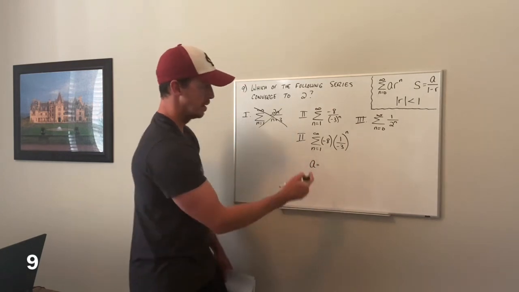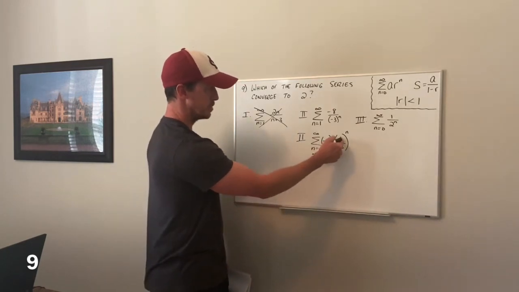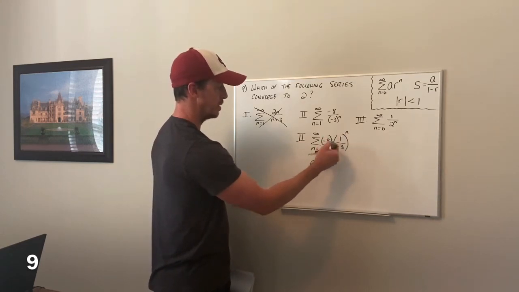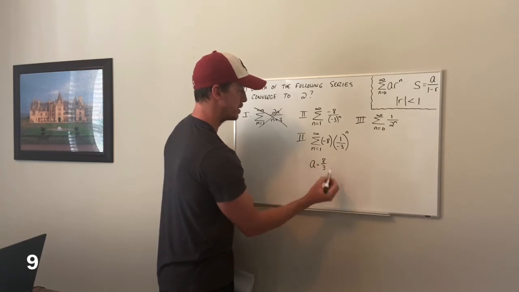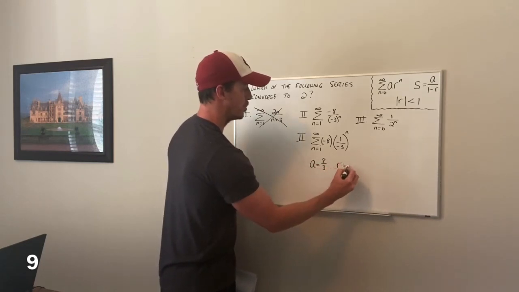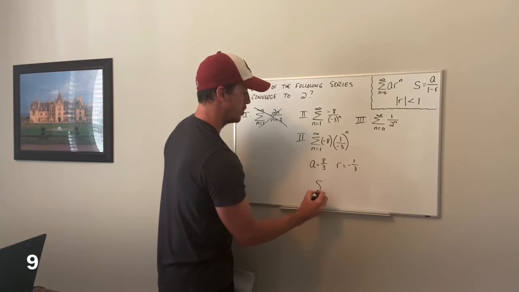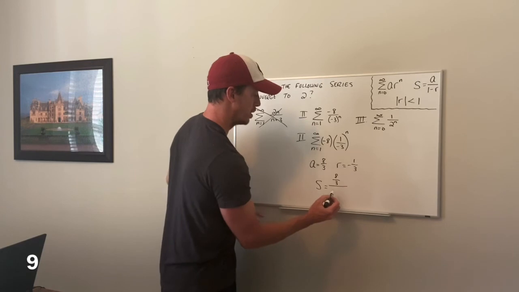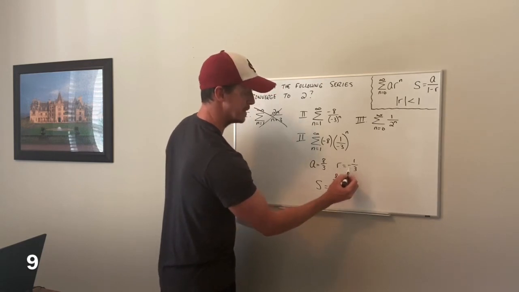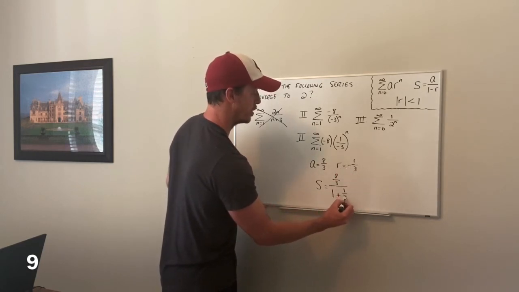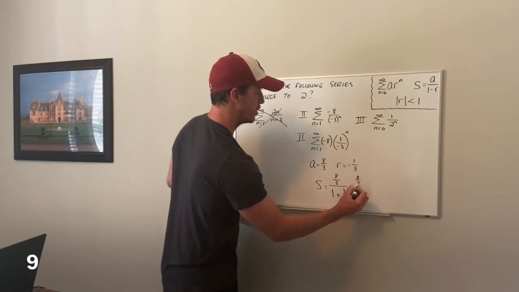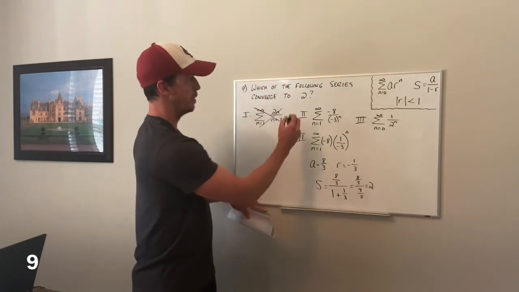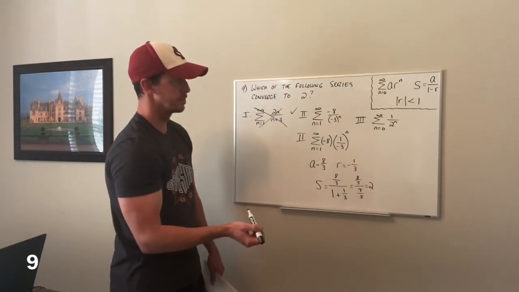Notice this series starts with n equals 1, so this would be -1/3 times -8. So a would be +8/3, r would be -1/3, so my sum would be 8/3 over 1 minus -1/3, which is 1 plus 1/3. And so that is 8/3 over 4/3, which is 2. So that one's good. That one converges to 2.